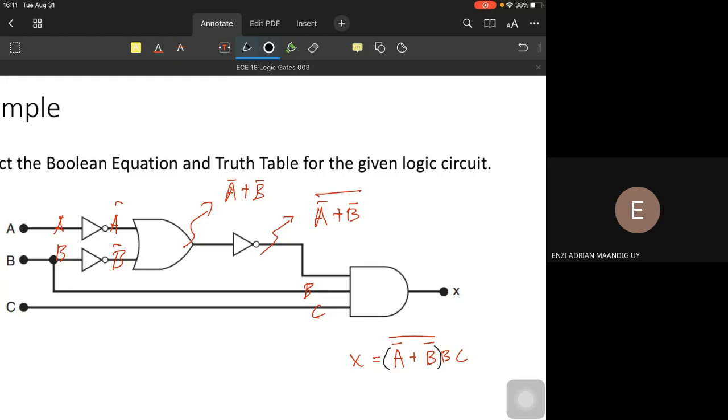Who has a different answer? Type 2 if you have a different answer. If you don't type anything, I'm assuming we have the same answer.